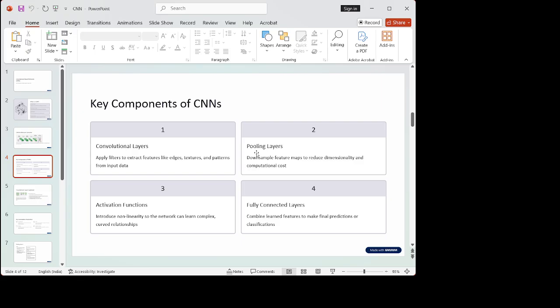Finally, the fully connected layers make the final prediction. So the convolution is the feature detector, pooling is the summarizer, activation provides non-linear learning capability, and fully connected layers make the final decisions.